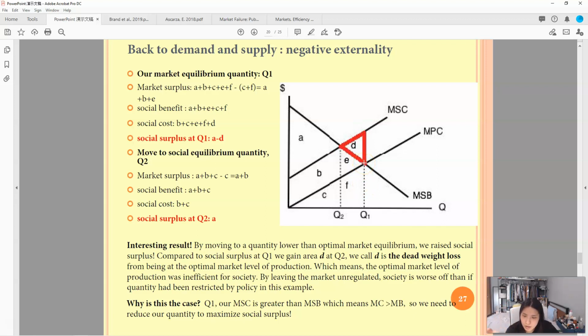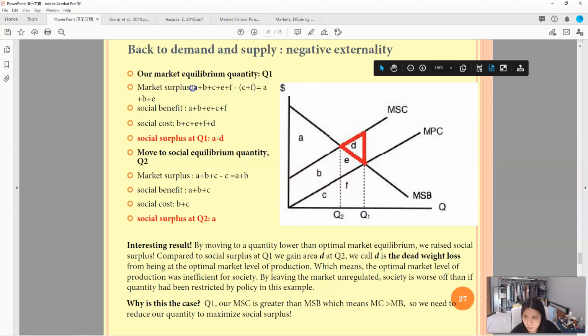And the market production costs would be those two areas under the marginal private cost curve. That is C and F. So the market surplus would be calculated by subtracting market costs from market benefits.